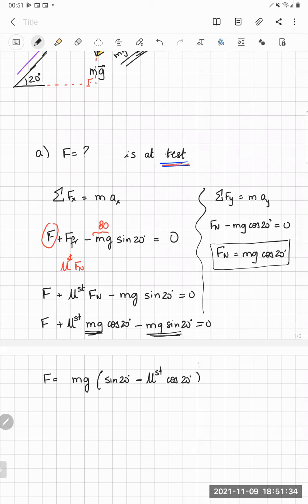So this is the number, the magnitude of that force, okay? But you could have obtained that already at the previous step, and there you could have put numbers already if you don't like to carry symbols like that, okay?